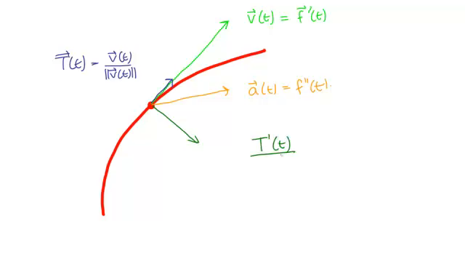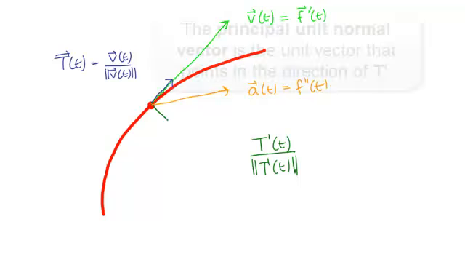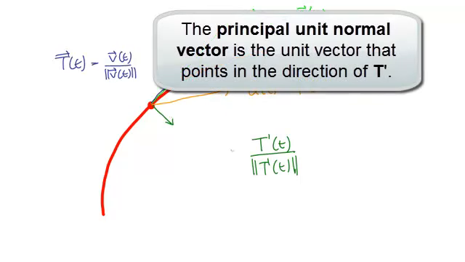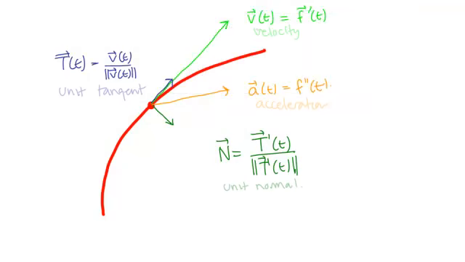If we take t prime and divide it by its length, we shorten it down to a unit vector. And this unit vector, which is at right angles to the unit vector t, is called n, the normal vector. So let me put their names back on here.